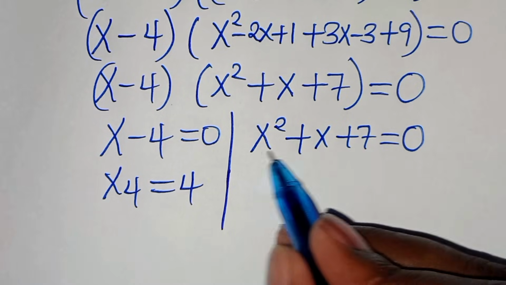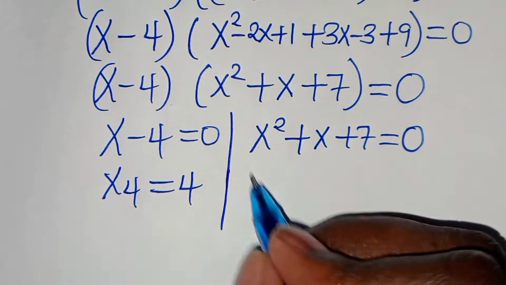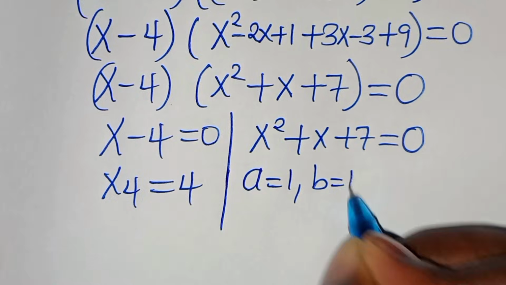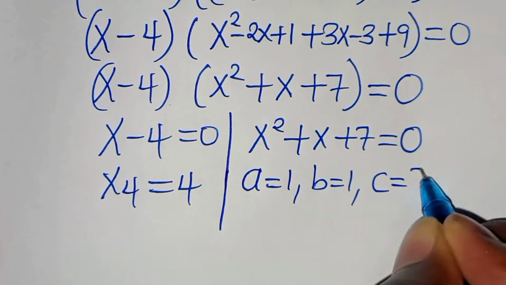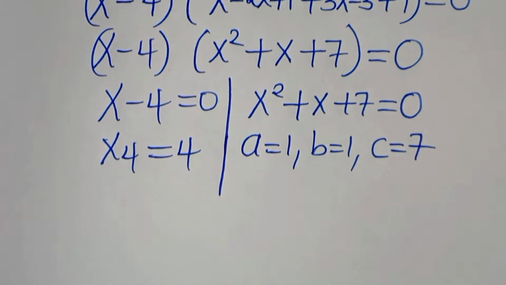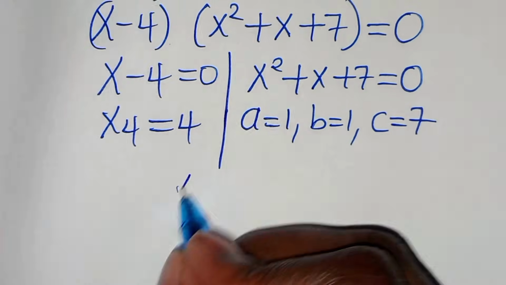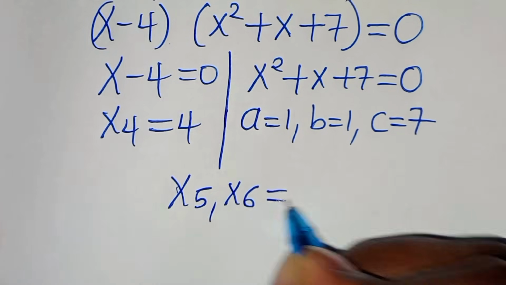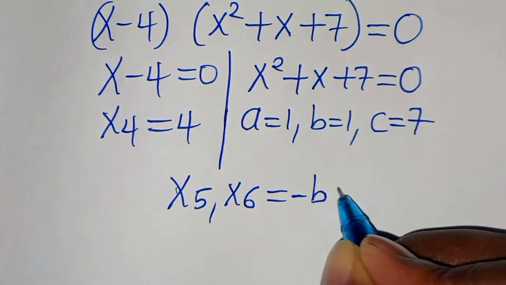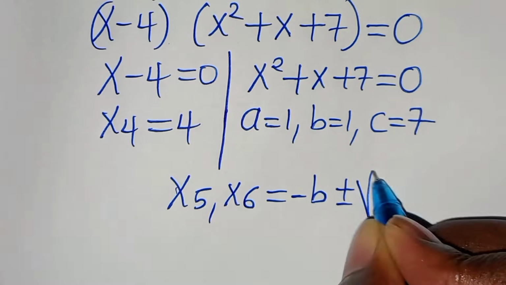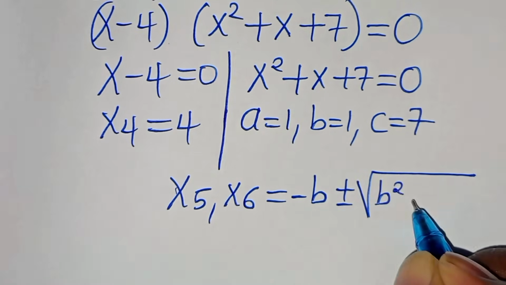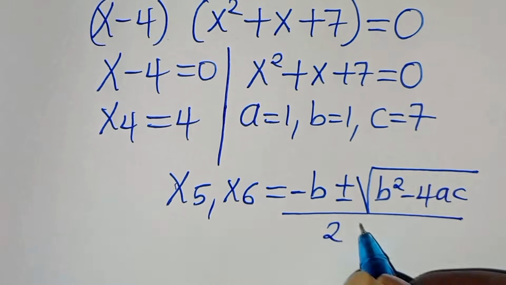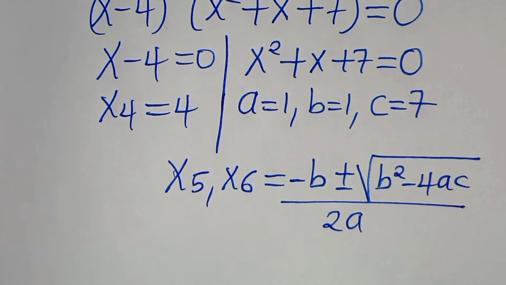And the second part here is the quadratic equation. We have a equal to 1, b equal to 1, and c equal to 7. Now we can solve for x5, comma x6 by applying the quadratic formula, which is minus b plus or minus the square root of b squared minus 4ac, divided by 2 times a.